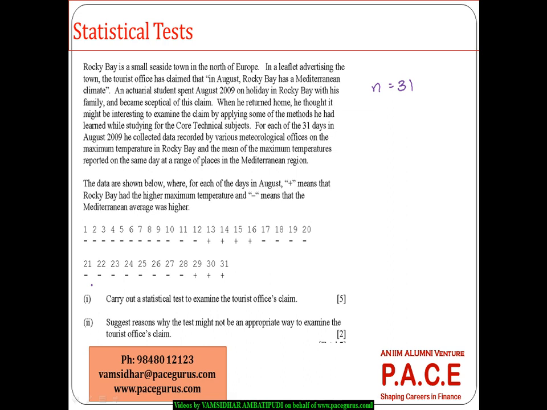But what we are typically interested in trying to understand, especially from this claim, is why the test might not be appropriate. Here, all these could be interdependent, because yesterday's temperature could very well influence today's temperature.